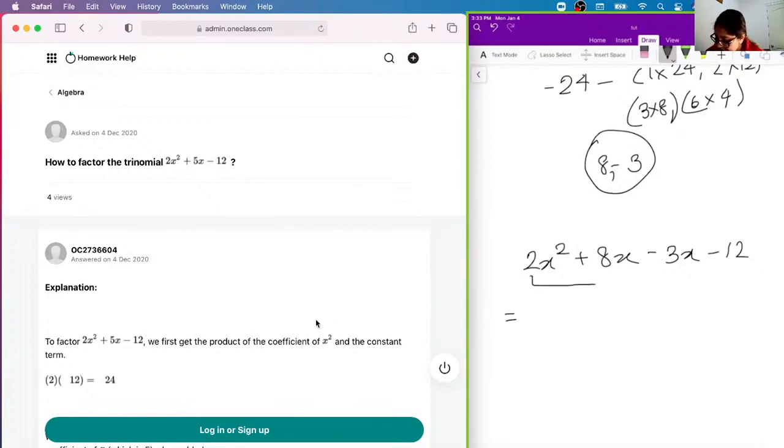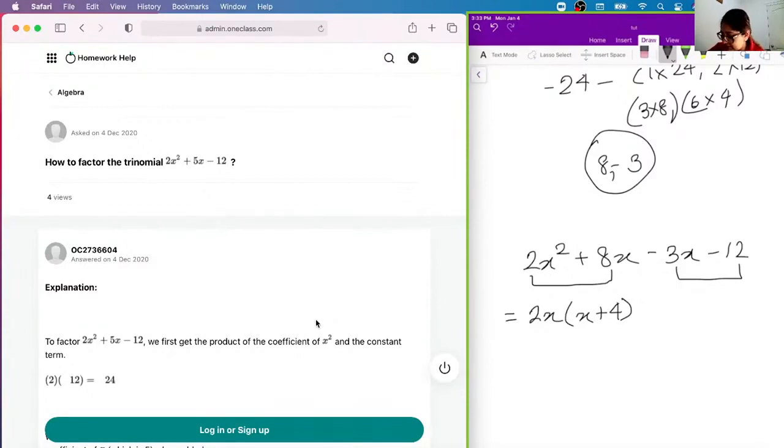So if you factor out a 2, what we can factor out here is a 2 and an x, since it's common between these two terms. So we have 2x, factor out 2x, we're left with x plus 4.